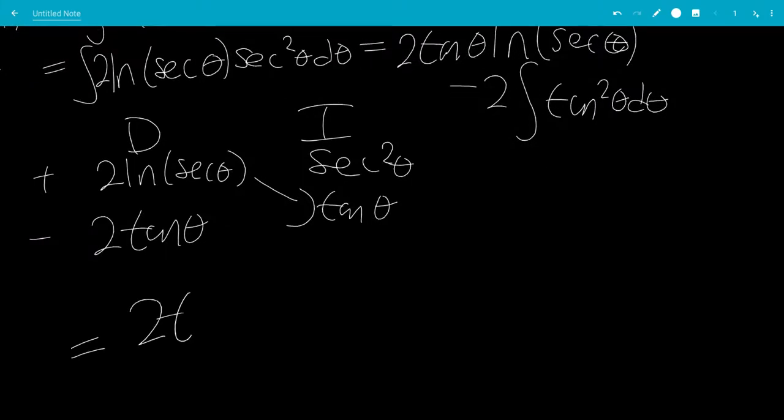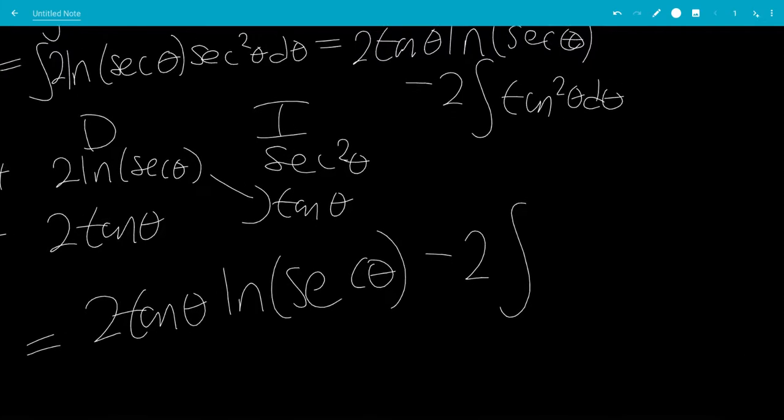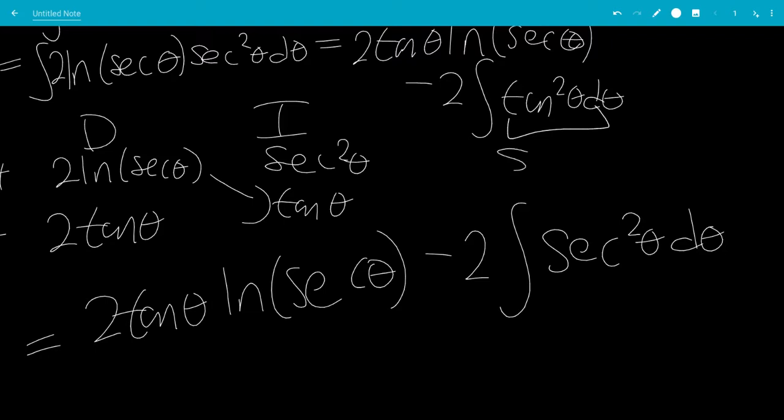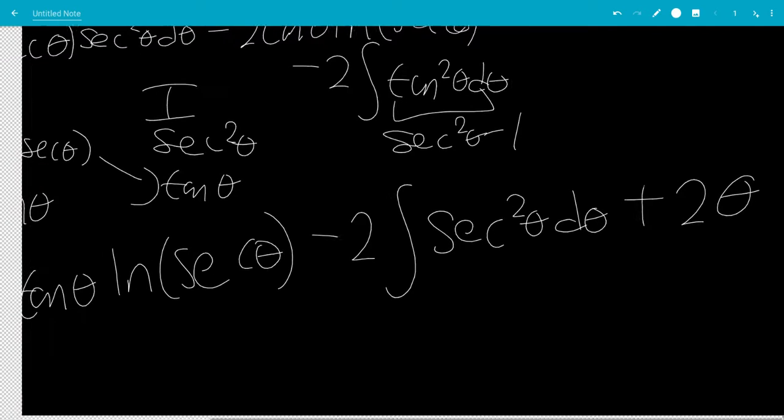This is 2 tangent theta natural log of secant theta minus 2 integral. Tangent squared theta is secant squared theta minus 1. So this is secant squared minus 1. So the minus 1 will turn into plus 2. And then the integral of 1 is just theta.